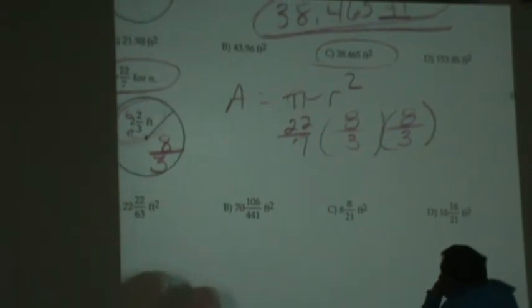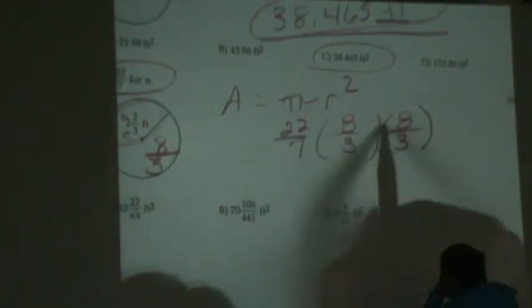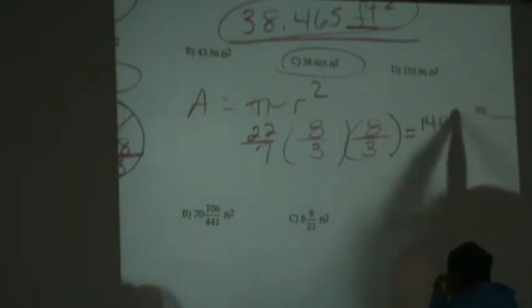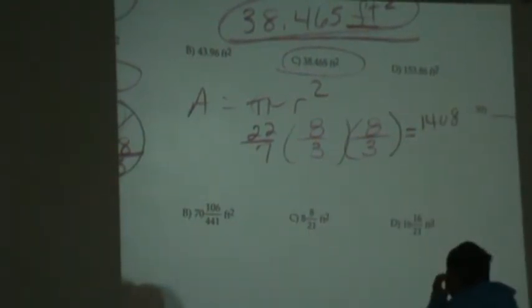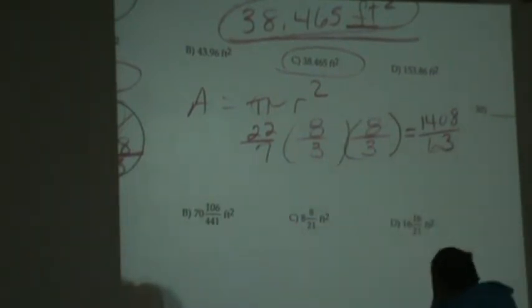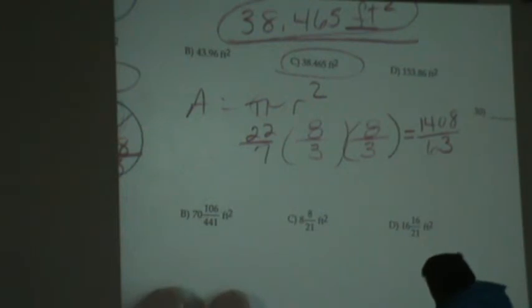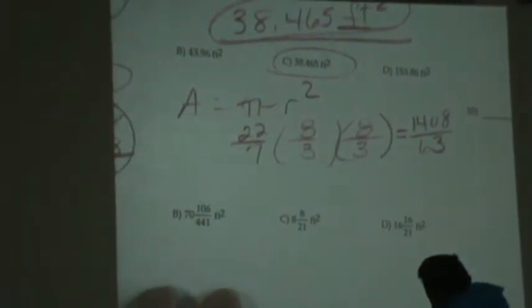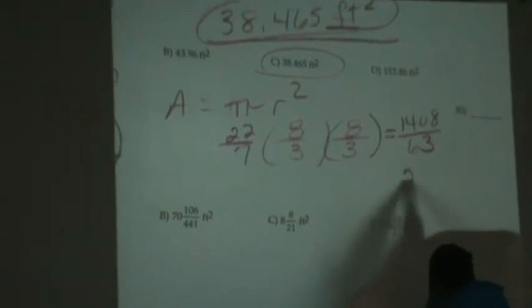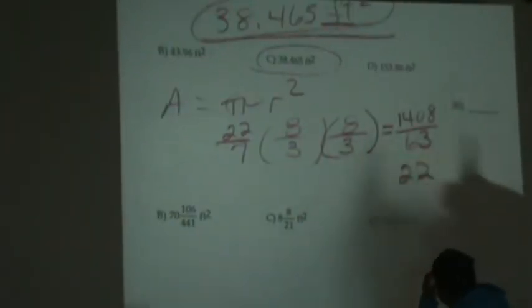Okay, now 22 times 8 times 8 is 1408. 7 times 3 times 3 is 63. So I have 1408 divided by 63. Comes out to 22 something.